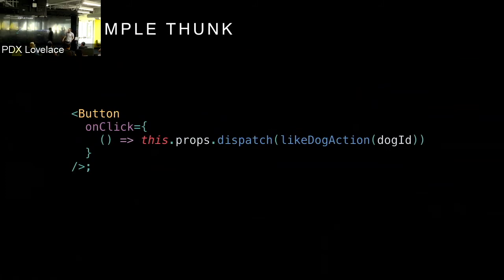But in certain situations, you might want to get the result of this dispatch and do something with it. In a lot of cases, dispatch will return the action that you fired off, but with middleware, you have the capability of changing that response type.